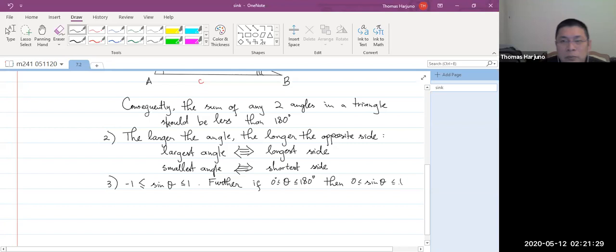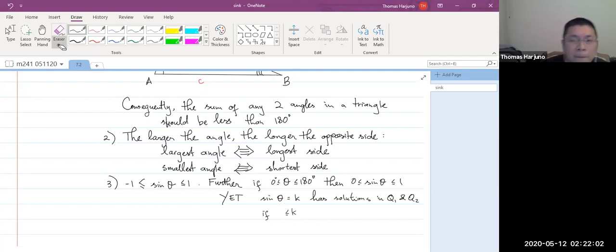Now, sine theta equals a constant k has solutions in quadrant 1 and quadrant 2 if k is between 0 and 1, not including 0, not including 1.